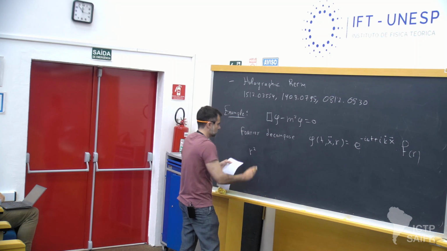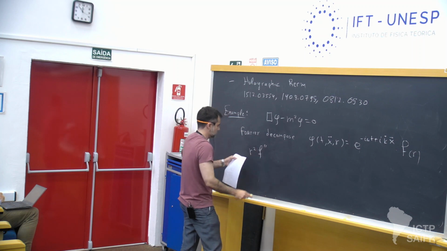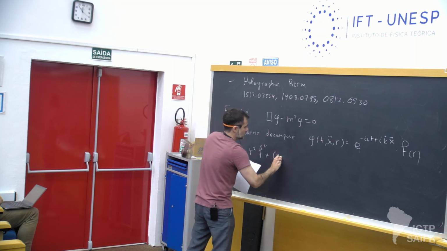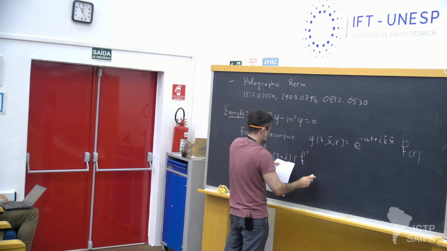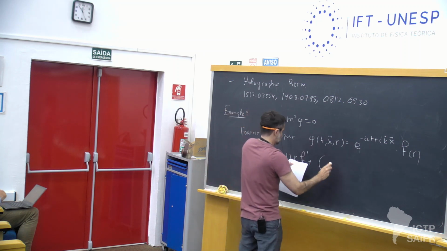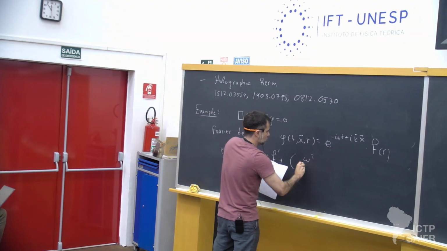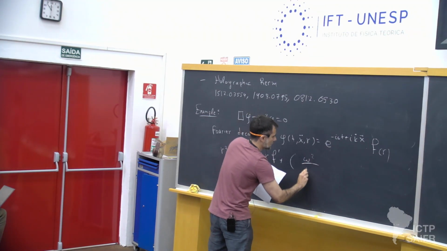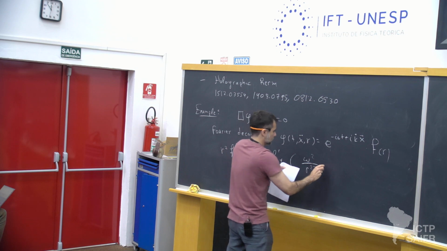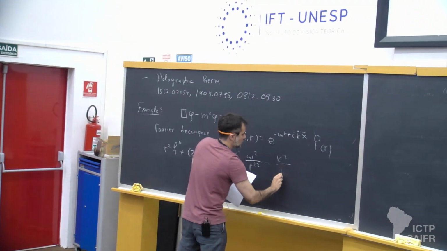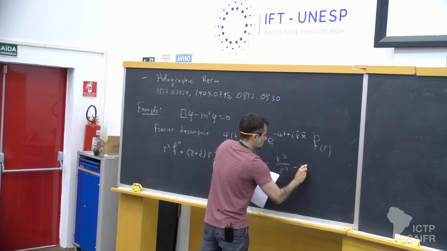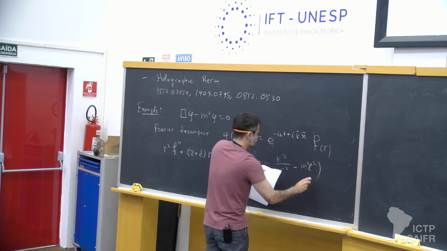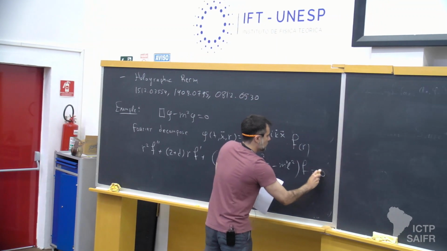So you will have r squared f double prime plus (z plus d) r f prime plus (omega squared divided by r to the 2z minus k squared over r squared minus m squared) times f equals 0.